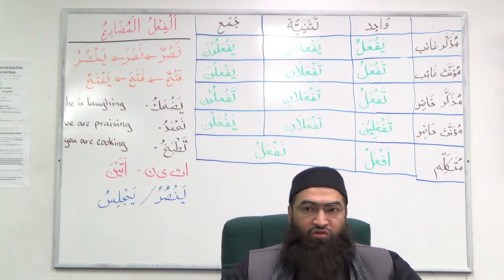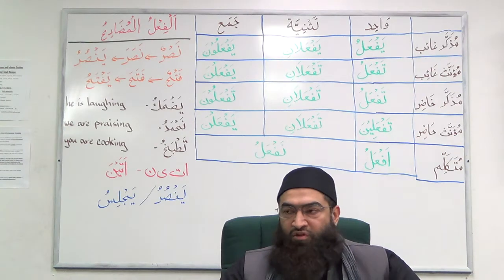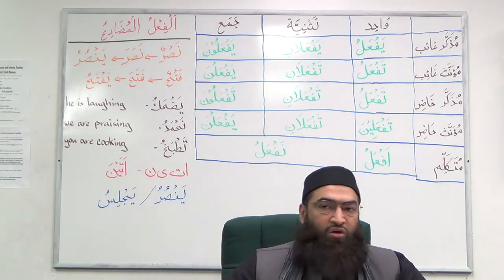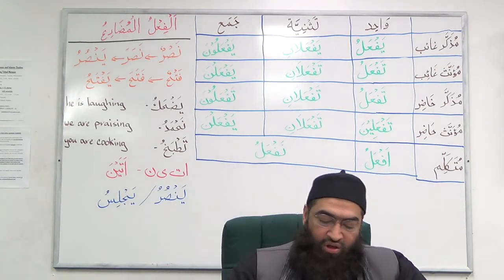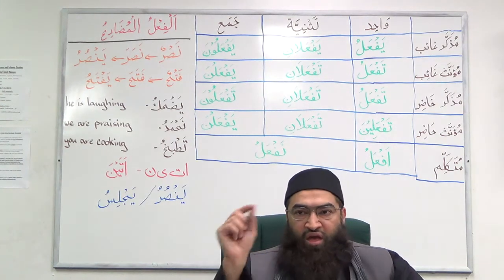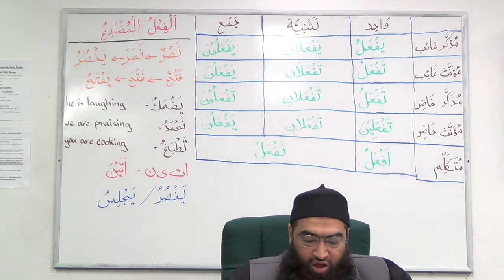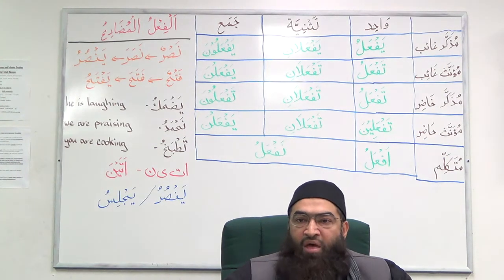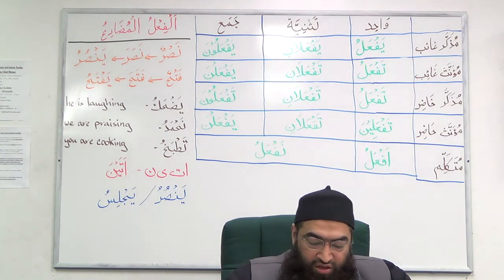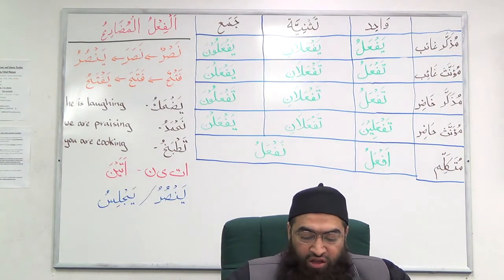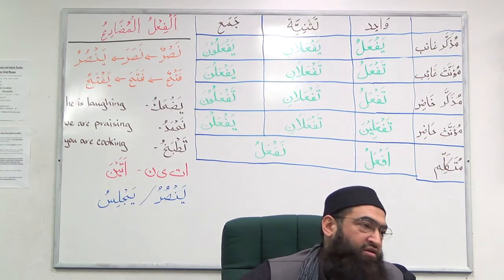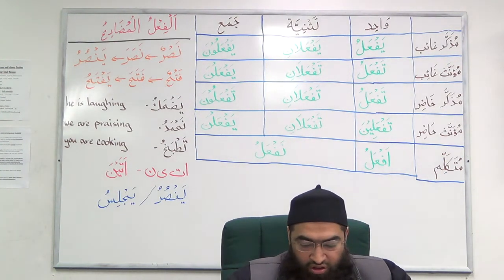So madi mutlaq, you don't add anything to the verb itself. Madi qareeb, you add a qad to it. Madi ba'id, you add a kana to it. Madi ihtimali, you add a la'allama in the beginning of it. And al-madi at-tamannai, the desirous past, you add a laytama in the beginning of it.